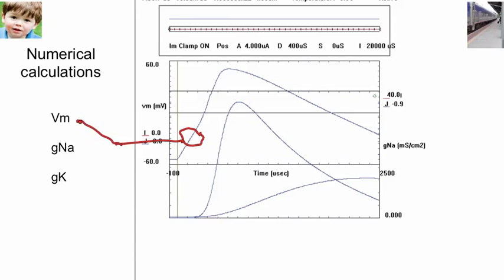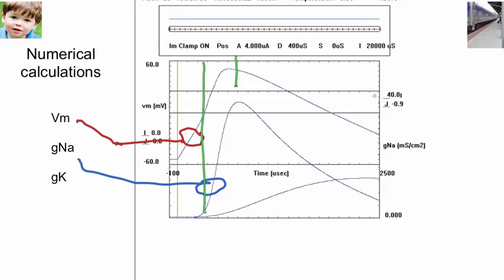What happens to the conductances GNA and GK? Here is GNA. It rises rapidly. You notice that the time course of its rise is very similar to the time course of the upstroke of the action potential.